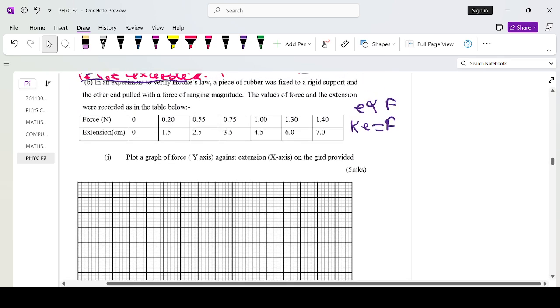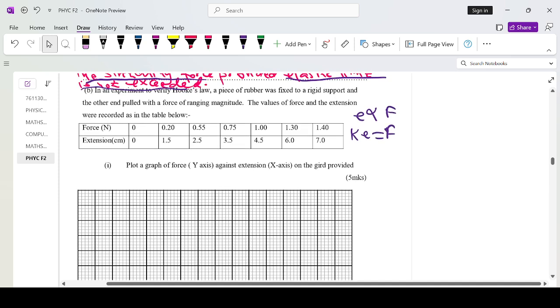With the plotting, first we need to identify the most suitable scale. Let's look at our graph. Because force should appear on your y-axis, look at your values for force. The lowest value is 0, the maximum value is 1.4. For extension, the lowest value is 0, the maximum value is 7. Because those values are so small, how will you plot 0 to 1.4?